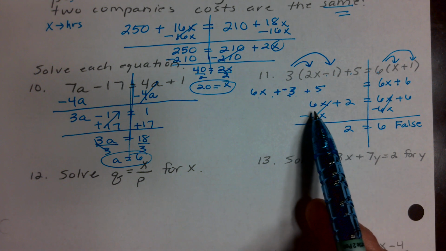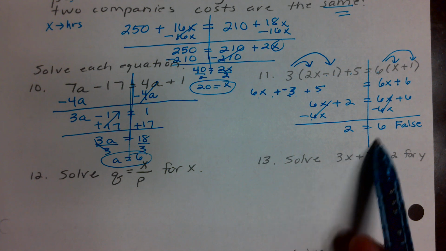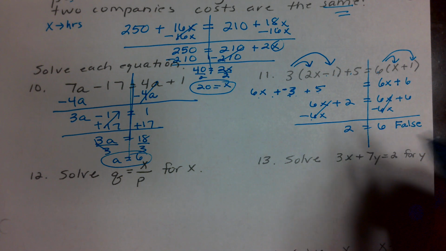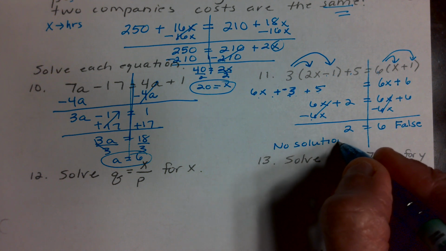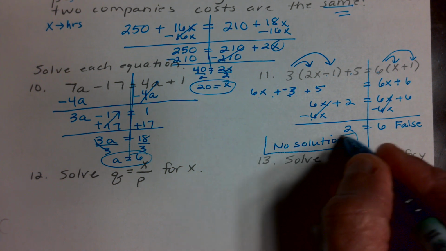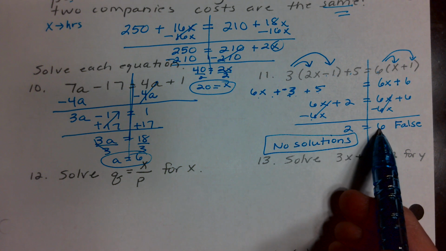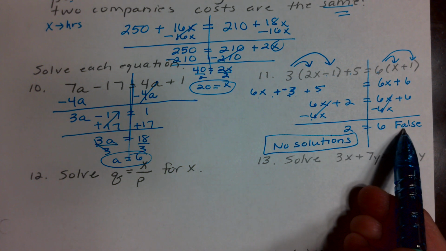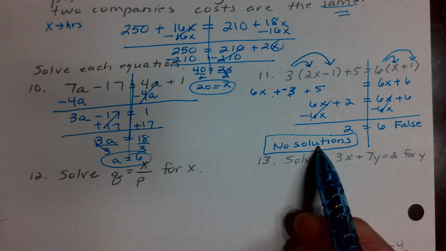That doesn't happen often. That only happens when you have the exact same number of x's you're subtracting. When you get a false statement like this, that means no solutions. There are no answers that'll make this true. That's my answer. If this said 2 equals 2, well, that would be a true statement. 2 is equal to 2. And that would be all solutions.